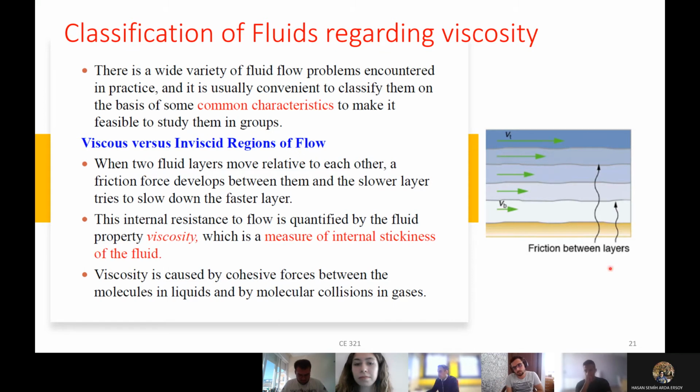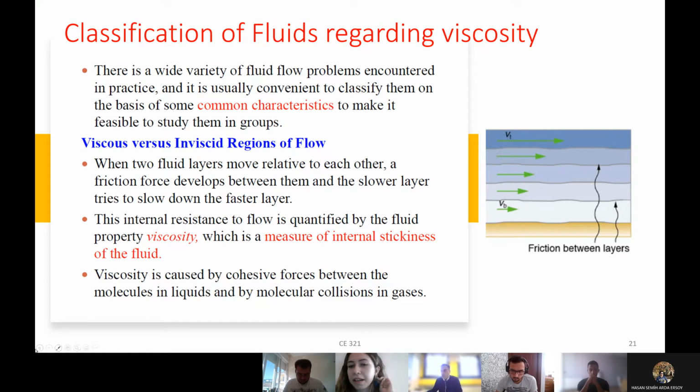Look at this figure, and can you guess where is the viscous and inviscid region? Viscous is a region where viscosity is dominant. Inviscid is the region where we can neglect it.